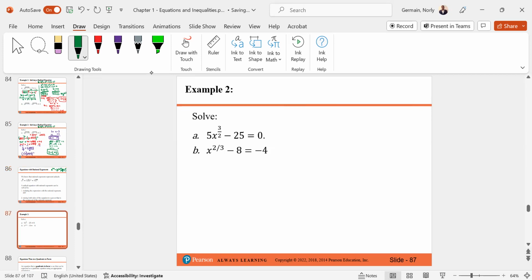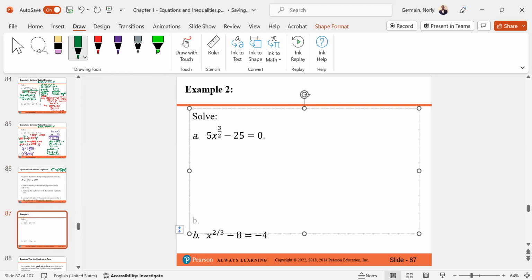How are we going to do that? Solving expressions in this form, as we said, we need to verify what we're doing. Let's do the first one.